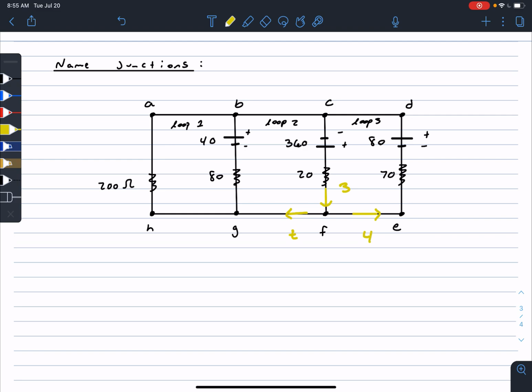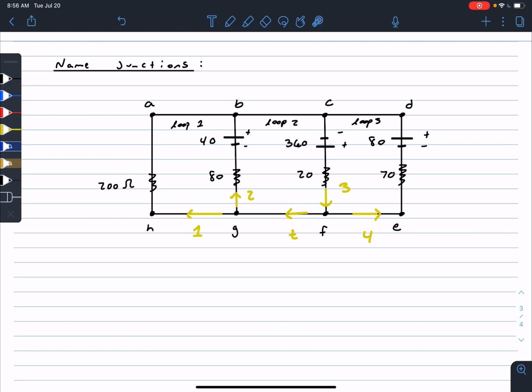Because we have this one coming out and this one going to the left, this is actually going to be the sum of these two, because this one is going to go into this junction and be equal to this one and this one coming out. So that's going to be 2, and that will be 1.